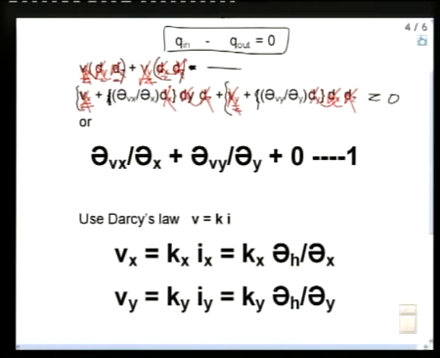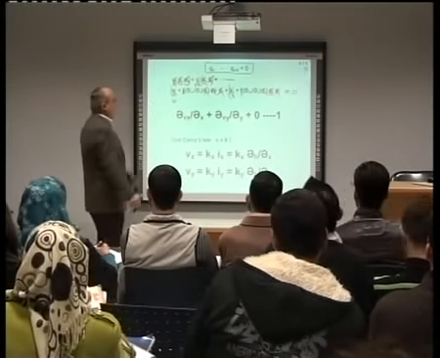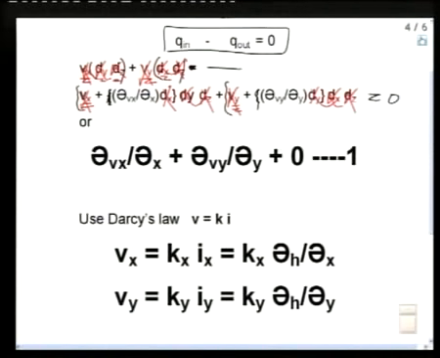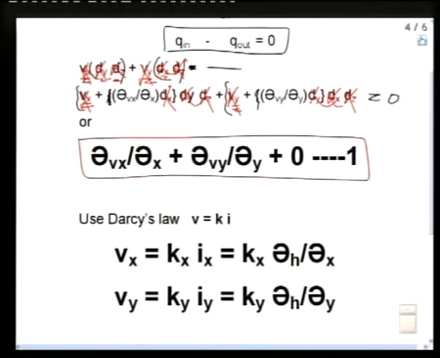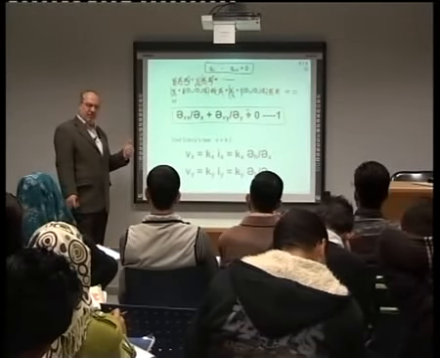But the equation should be 0. Then where will the 0 come from? From the partial. I put it this way: the partial dvx by dx plus the partial dvy by dy equals 0. This is equation 1.